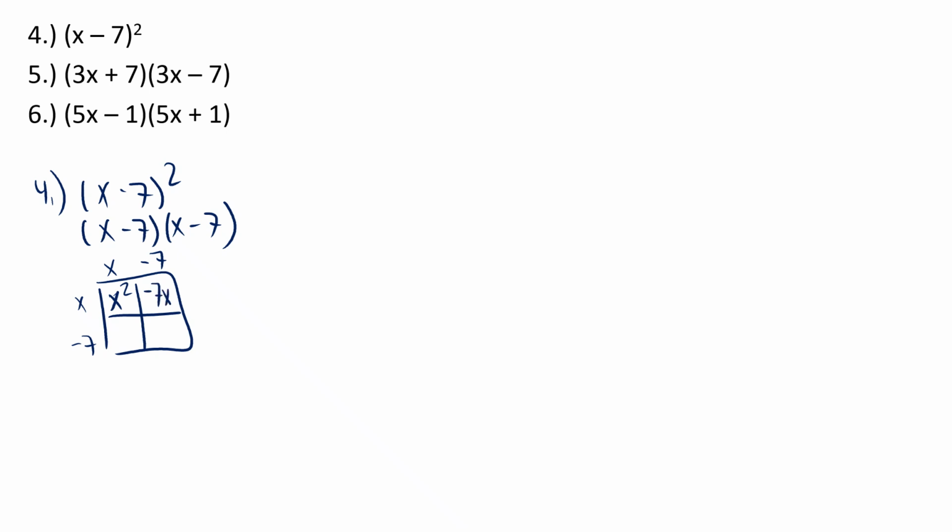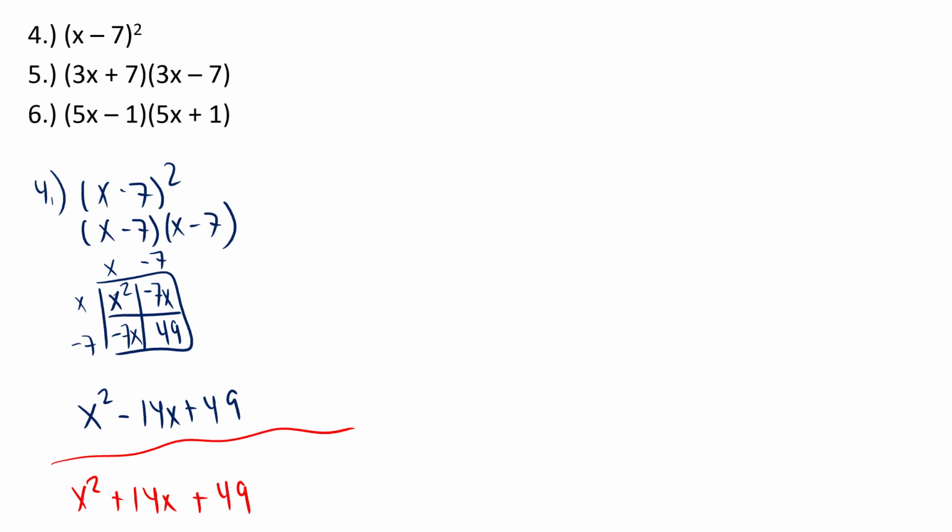This will give us negative 7x this time in both places. And then negative 7 times negative 7 is also positive 49. And so you might notice that the last one that we did was x squared plus 14x plus 49. And this one is x squared minus 14x plus 49. So again, some patterns there that you can exploit if you are observant.